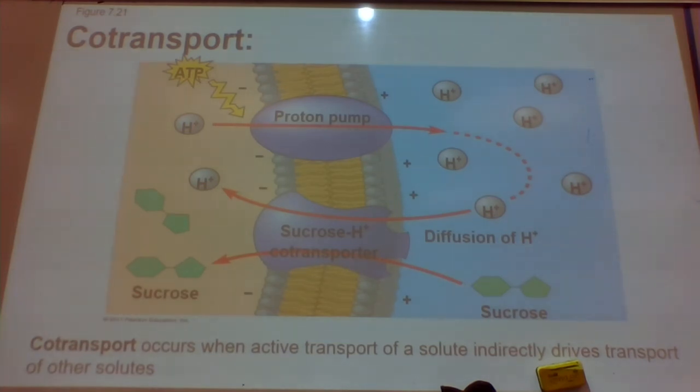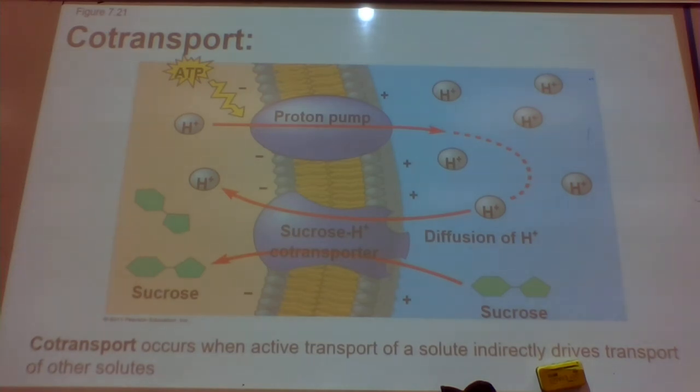And when you look at it, the protons are diffusing down their gradient. Do we all see that? But the protons diffusing down their gradient are pulling sucrose against its gradient. Do we all see that?